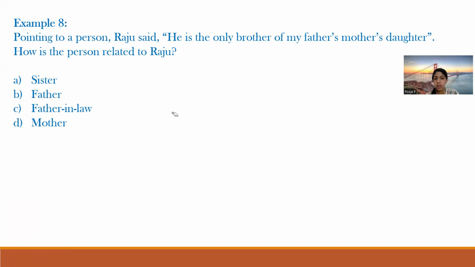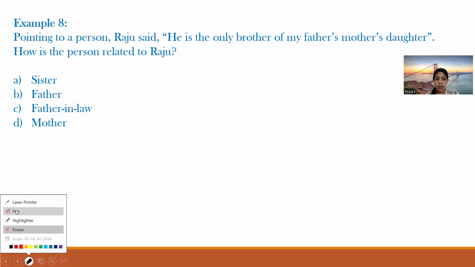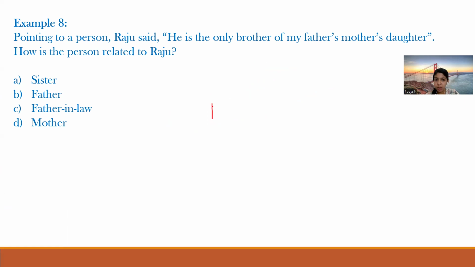Okay, right. So what do we have? There is one person pointed in the photo. We don't know who this is; we have to find out. This is our question mark. He is the only brother of my father's mother's daughter. So I have a father, and I am here. My father's mother is my grandmother, and my grandmother has a daughter as well.